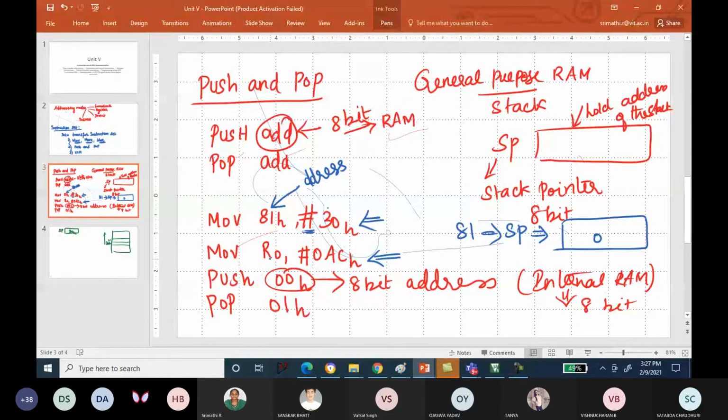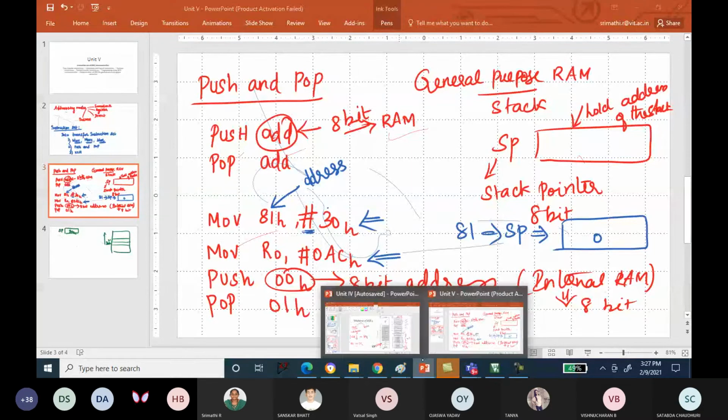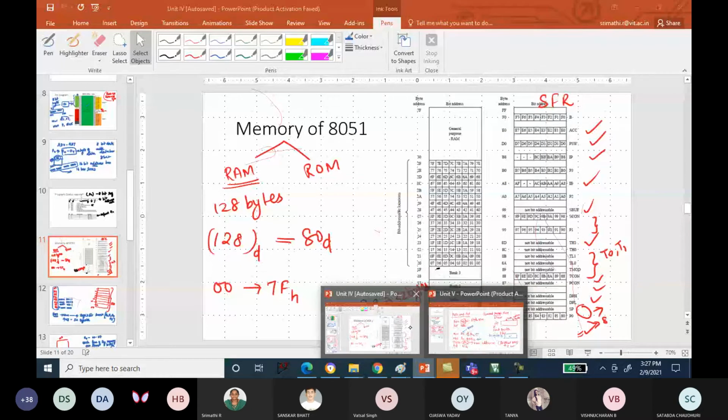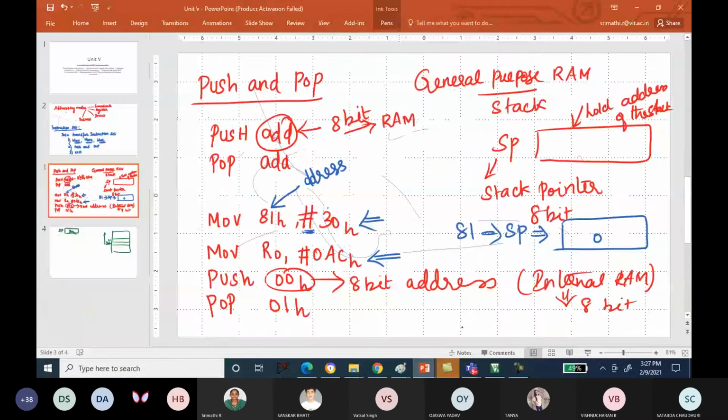R0 represents the memory location 00H. After executing this instruction, 00H, which is nothing but R0, will have the value ACH.